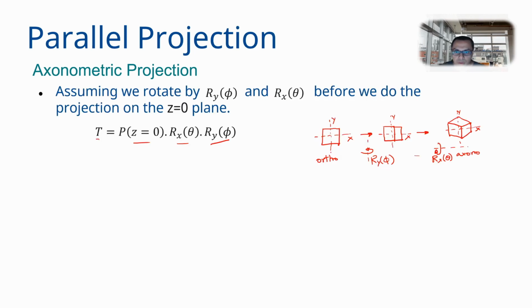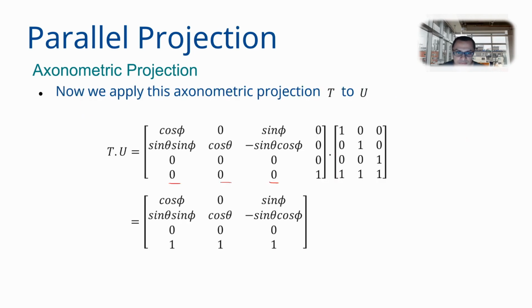And to study the effect of this transformation, we apply it to the same U as earlier, which has the three unit vectors stacked up, and the transformed U that we get has these three columns, which are the vectors x hat, y hat, z hat transformed under the action of this T.